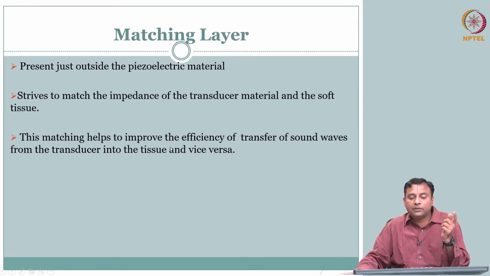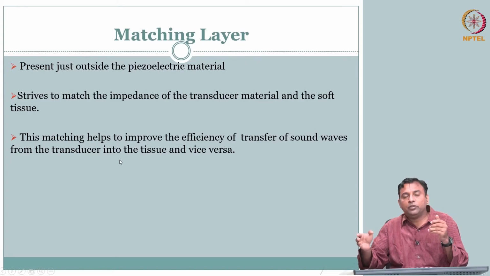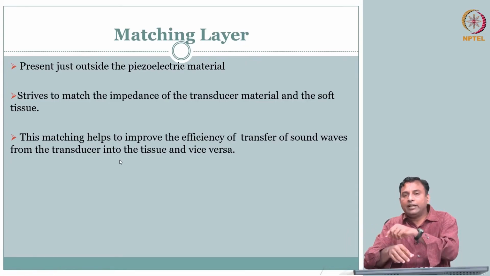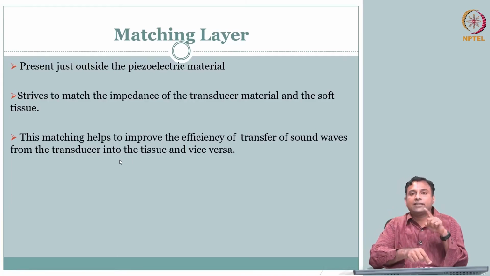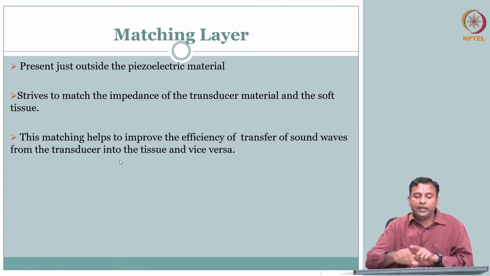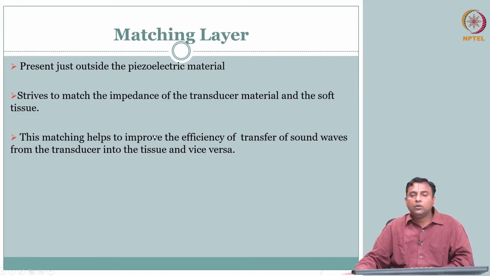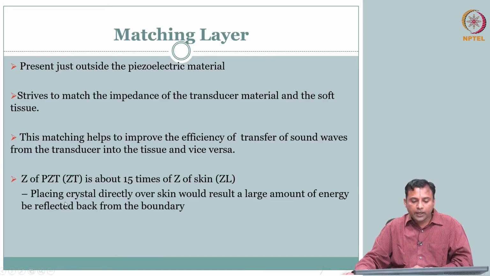So this matching helps in efficient transfer of sound waves from the transducer into the tissue, that is when you transmit. It is also true the other way, right. When the sound is getting reflected from inside the organs and it comes back, it has to leave the skin. If air is there, it won't leave the skin, it will go back in, right. So you need this matching layer to reduce the impedance mismatch. Okay.